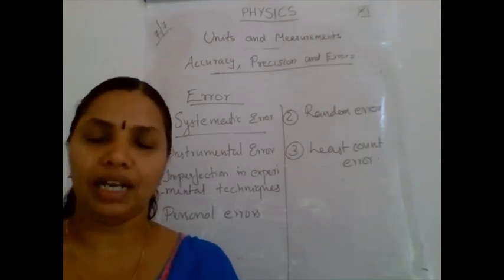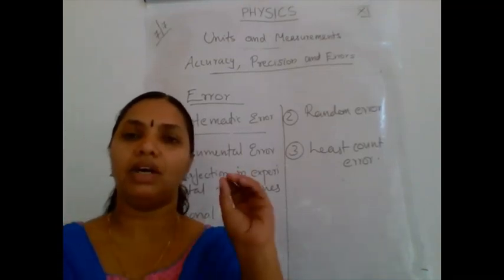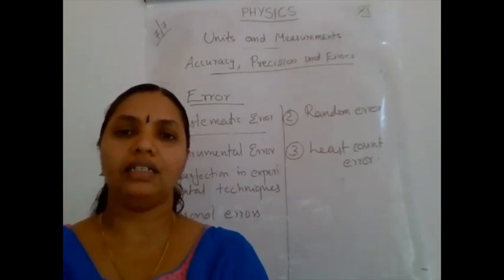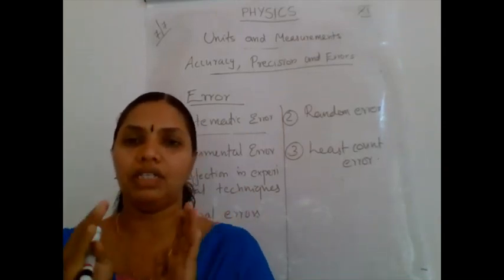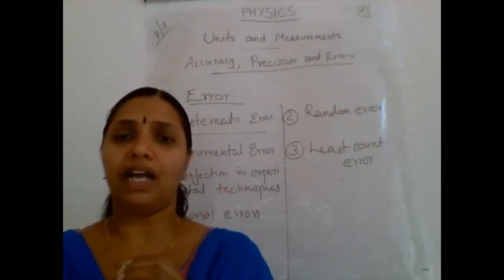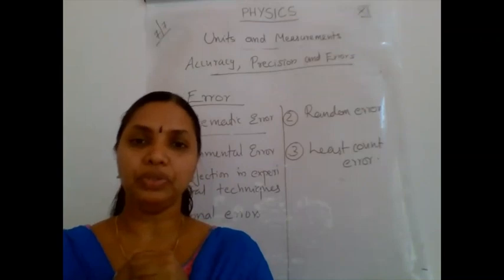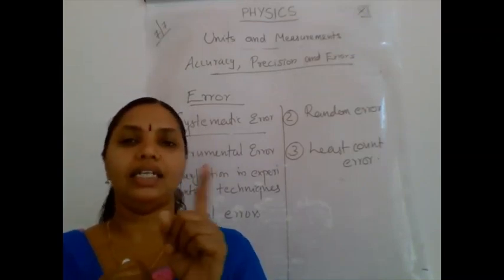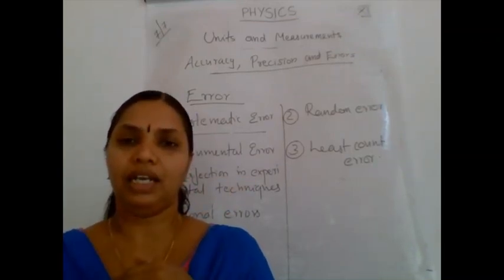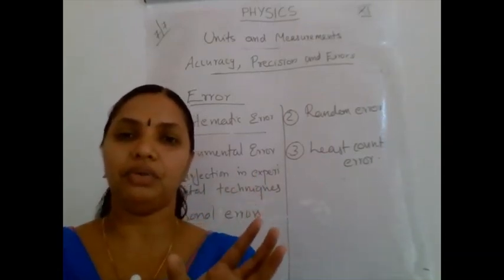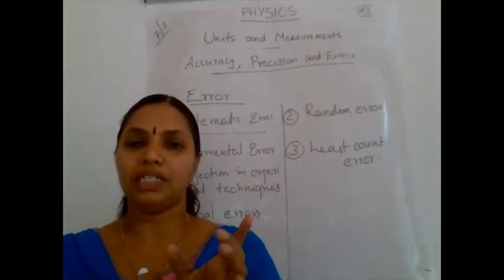Suppose the marking is not done properly, and the least count or the zero coincidence or the minimum value is off. For example, you are using a voltmeter, and there is an indicator in the voltmeter. If no potential flows, it should be at 0.